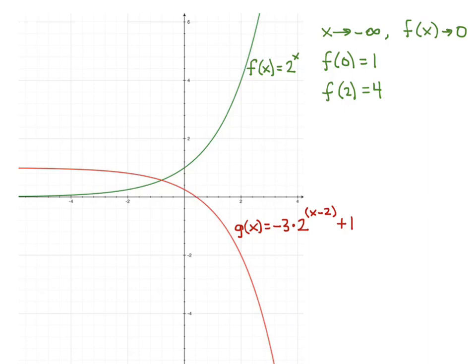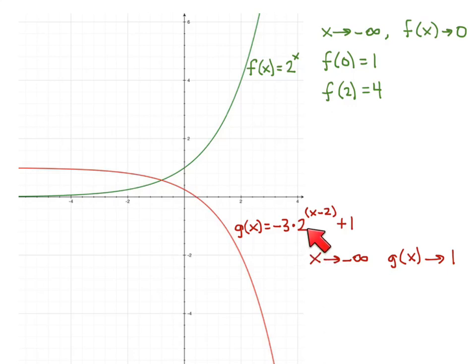So when we look at this -3 times 2 to the x minus 2 plus 1, let's say we didn't see the graph, how would you graph something like that? Well, the negative flips it upside down, the 1 moves it up and down, the -2 moves it back and forth somehow. Just stick in some numbers. As you go to negative infinity, this first part goes to 0, right?